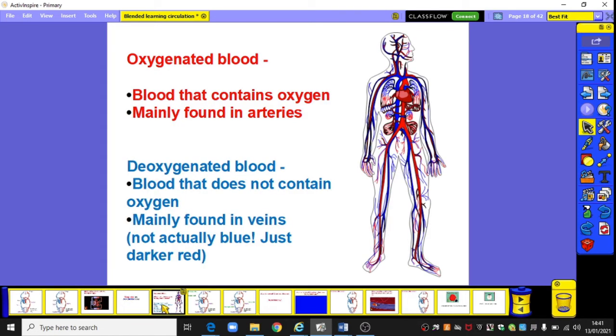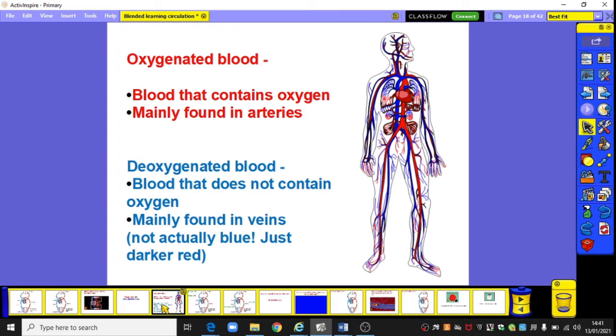So if we just have a look at oxygenated blood, it contains oxygen as it's titled, and it's mainly found in the arteries. Deoxygenated blood does not contain oxygen. The oxygen's already been absorbed and used for fuel in the body to get us to function and to work and to give us energy to do the things that we need to do.